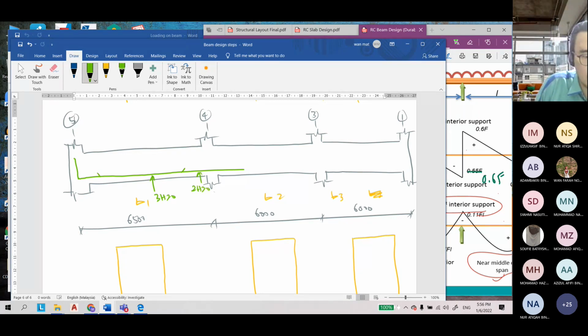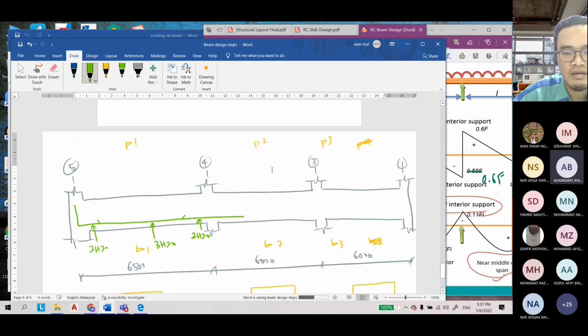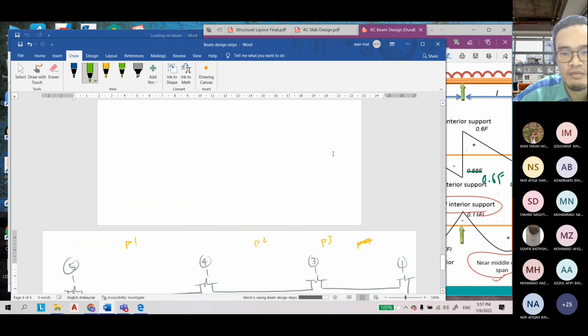Okay, here maybe 2H20 again, 2H20. So at the bottom, for your section 1.1, you have 3H20 here. You write down 3H20. Okay? Do you understand what I am doing? Understand. Okay.